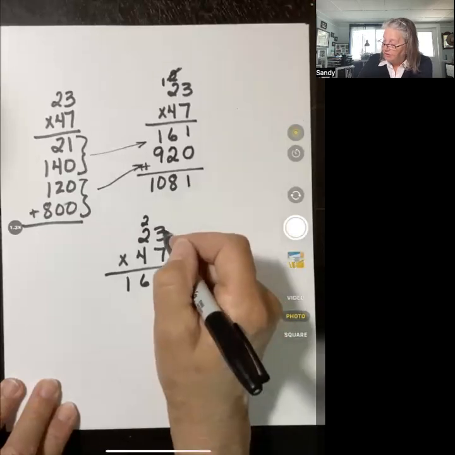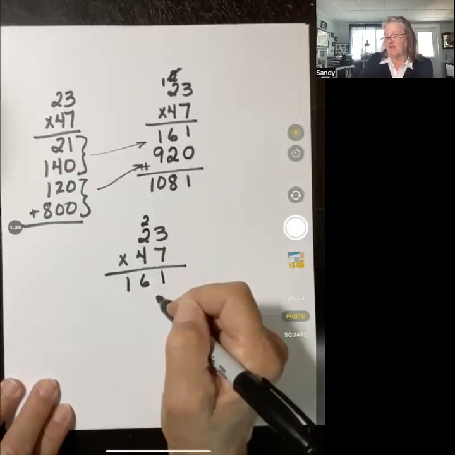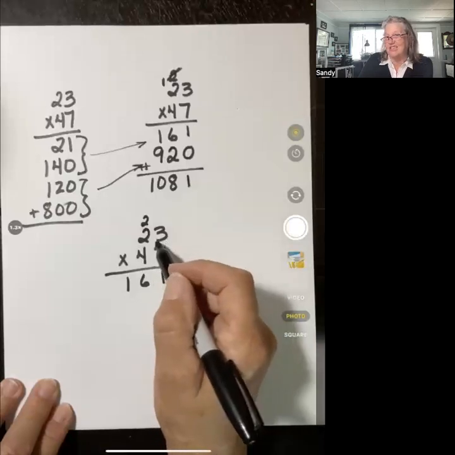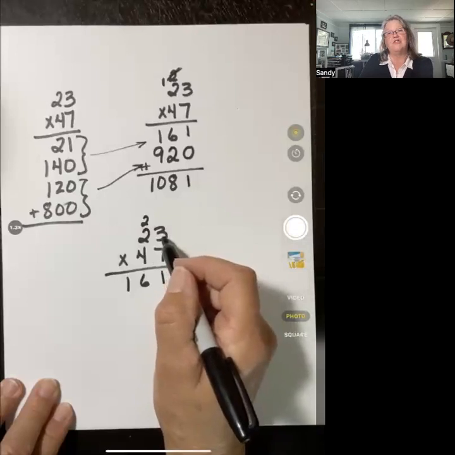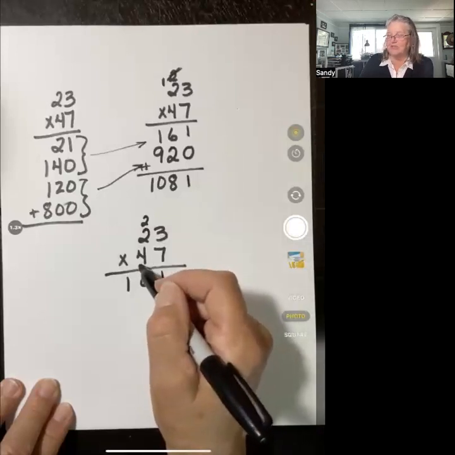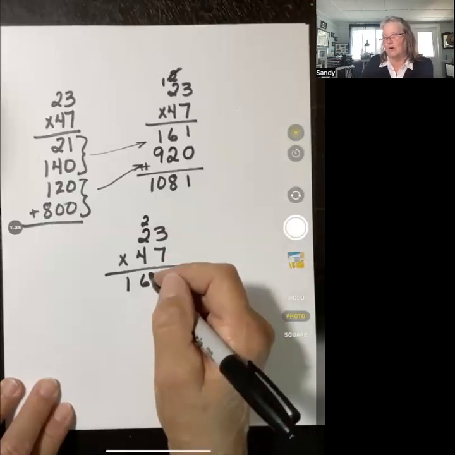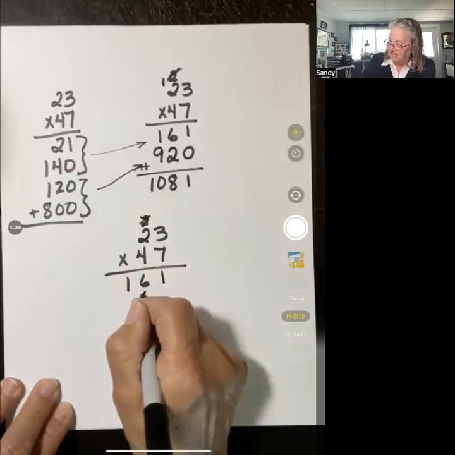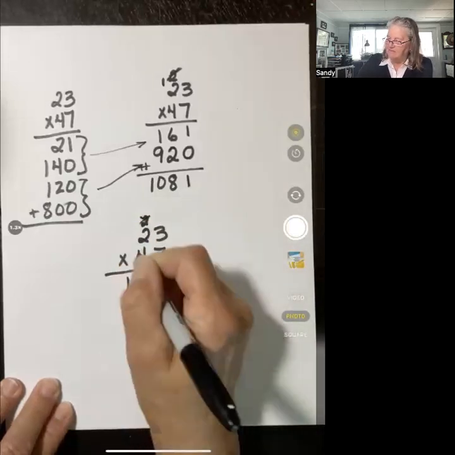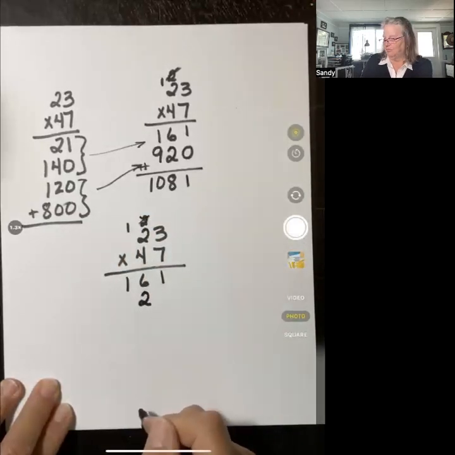But if I have 3 groups of 4 tens, 3 groups of 4 tens is 12 tens. How would I think of 12 tens as an alternative way? Well, 2 tens, and then I'm going to have a 100. How I use it in fewer pieces.